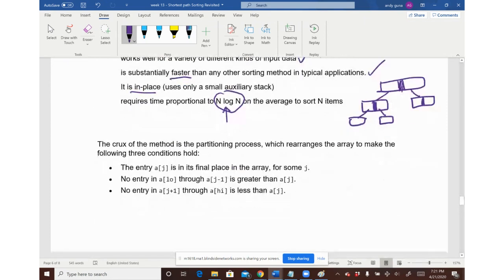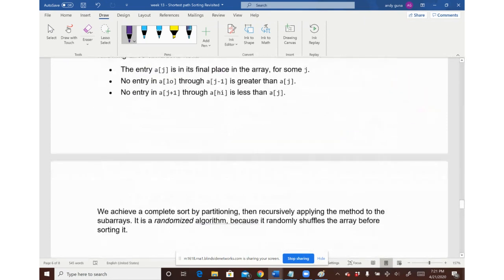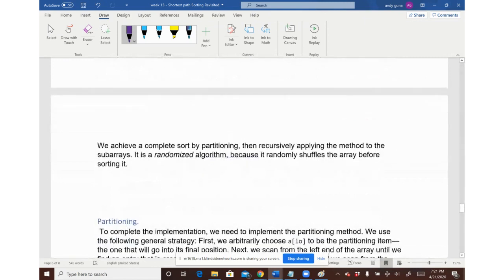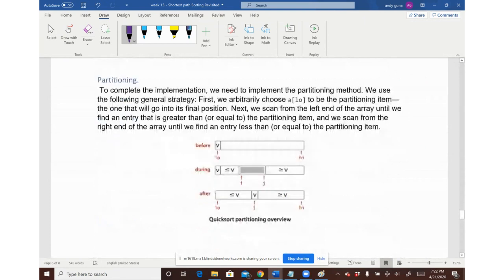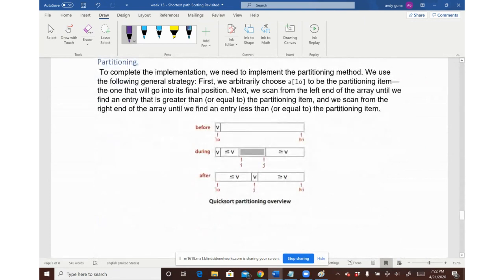Okay. All right. So let me show you this step. This picture kind of shows you what the quicksort does. You pick a pivot, and in the middle of the algorithm, your low has come here and your high has come here.